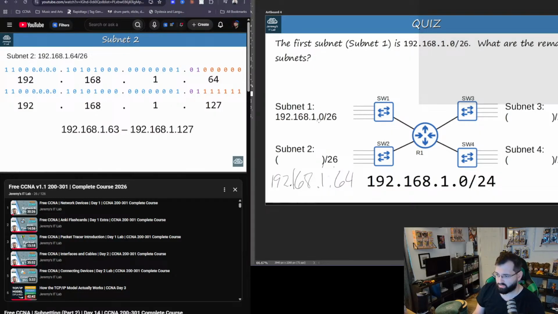The reason it's going to be 64 is because this right here is the network, which means that .63 is the broadcast. I'll call it the bro. And anything in between the 0 and the 63 is going to be usable.